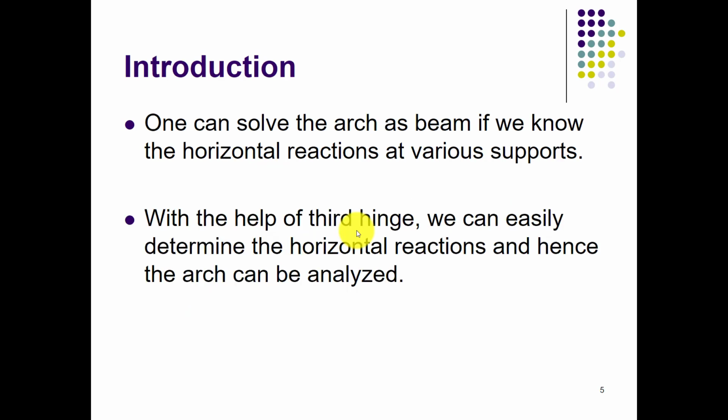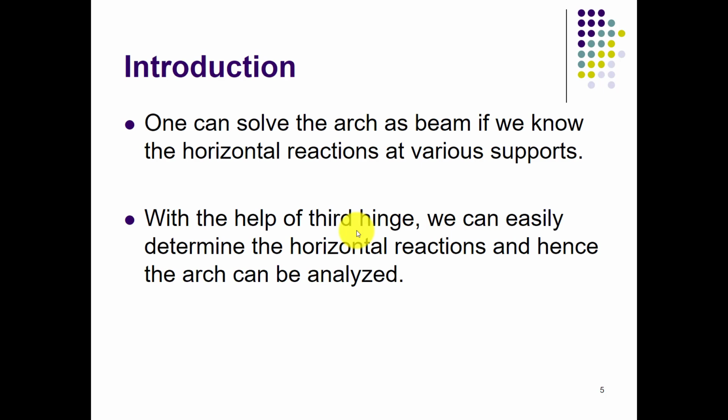One can solve the arch as a beam, but by considering a horizontal reaction, as we have a considerable height of the arch, so we consider the horizontal reaction in case of an arch unlike the beams. So the solution of arches and beams totally resemble each other, but one difference is there: there is no horizontal reaction acting in the beam if we have no horizontal applied force.